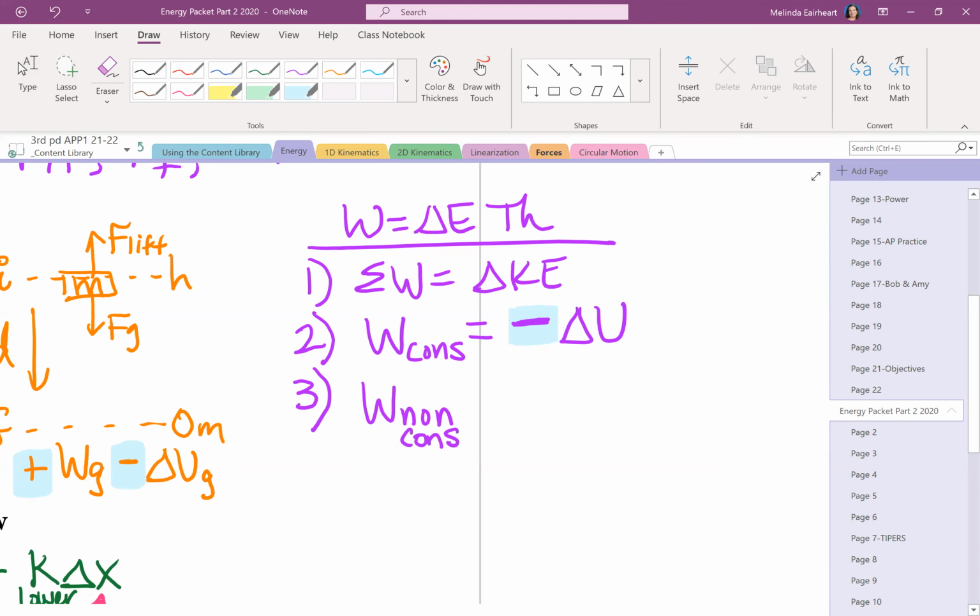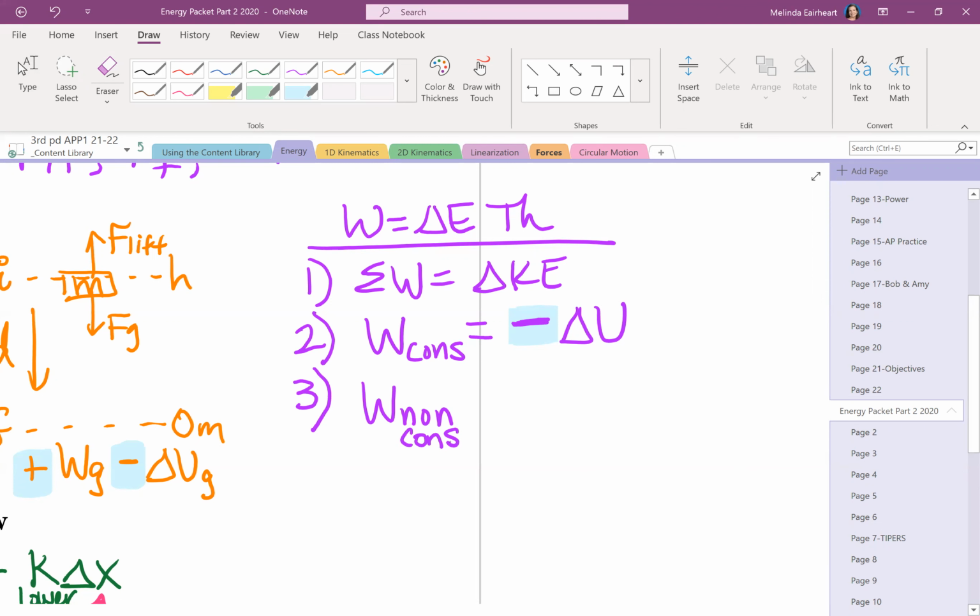And so this equals a change in mechanical energy. What's mechanical energy? By the way, AP Physics 1, all we do is mechanics now. And so a lot of times AP will just say, oh, it's a change in E, because we only study mechanical, okay? But what is mechanical energy?